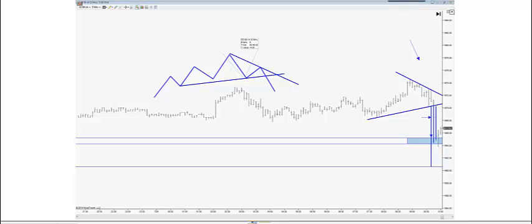I'm going to try to bring here a 15-minute chart. One moment.